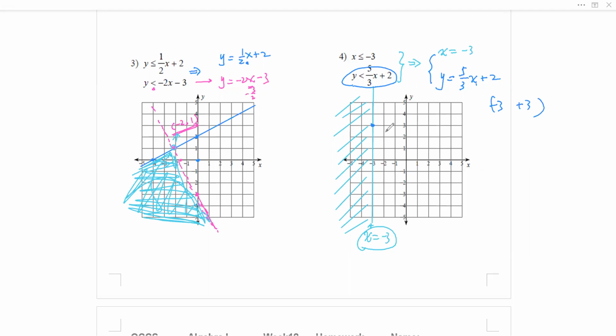Sorry, somewhere is wrong here. When x is negative 3, y should be negative 3, not positive 3. Negative 3, negative 3 is right here, and it also crosses 0, 2. So the cross point is right here.